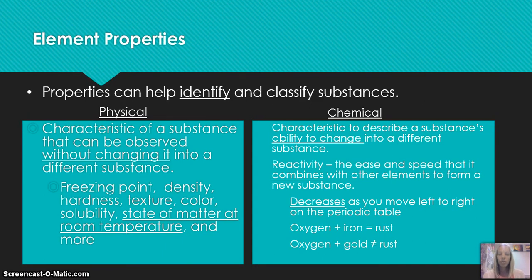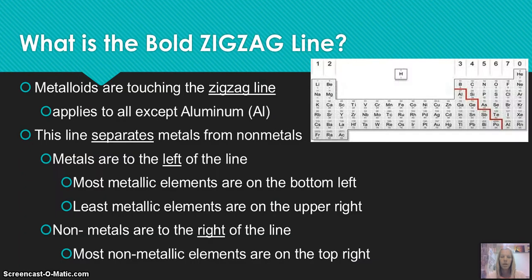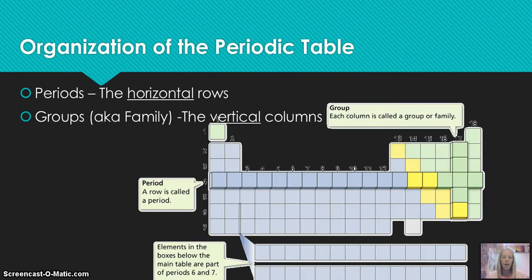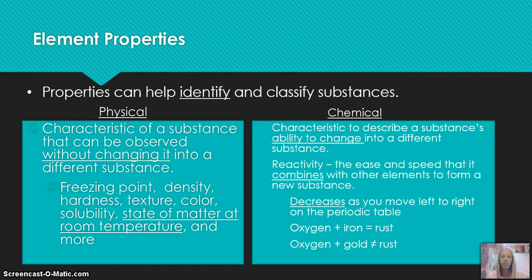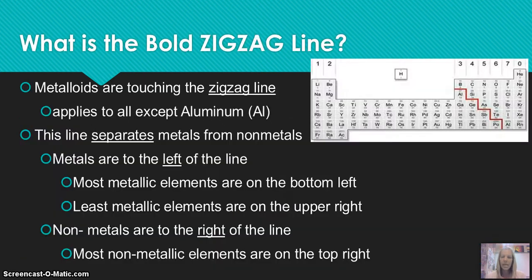As you move from left to right on the periodic table, the reactivity of an element decreases. So, for example, if we go back one slide, iron is a metal because it's on the left side of the zigzag line, but so is gold.